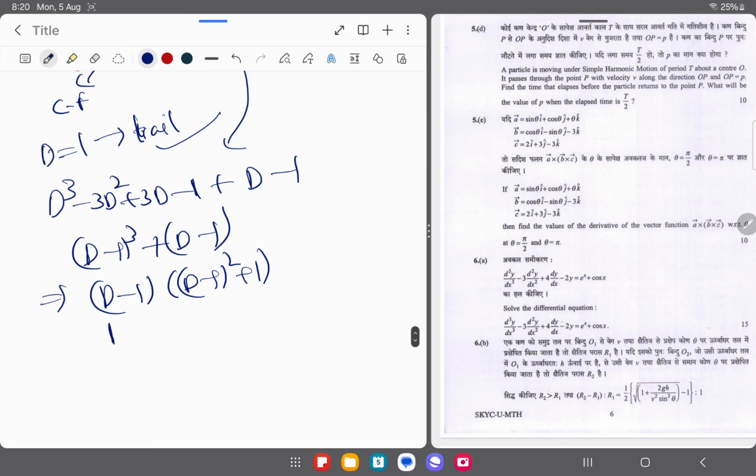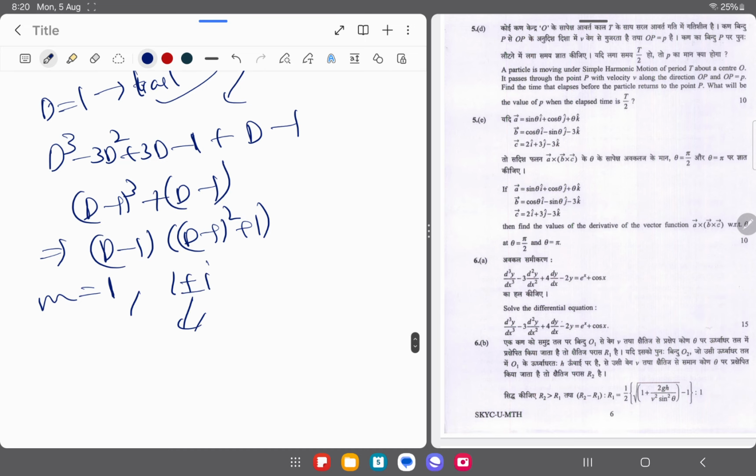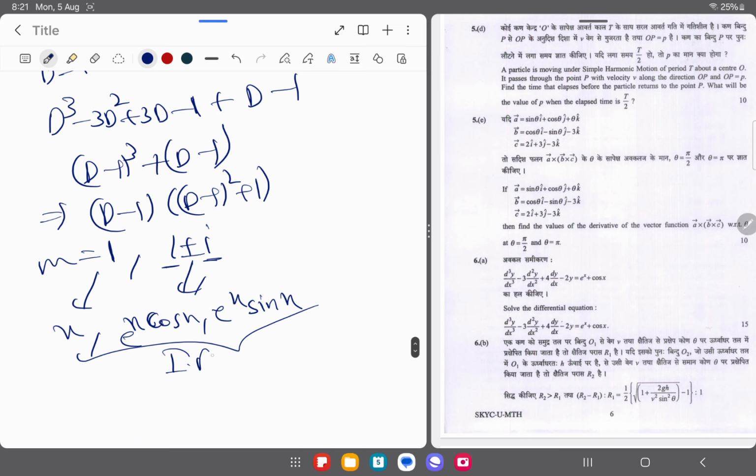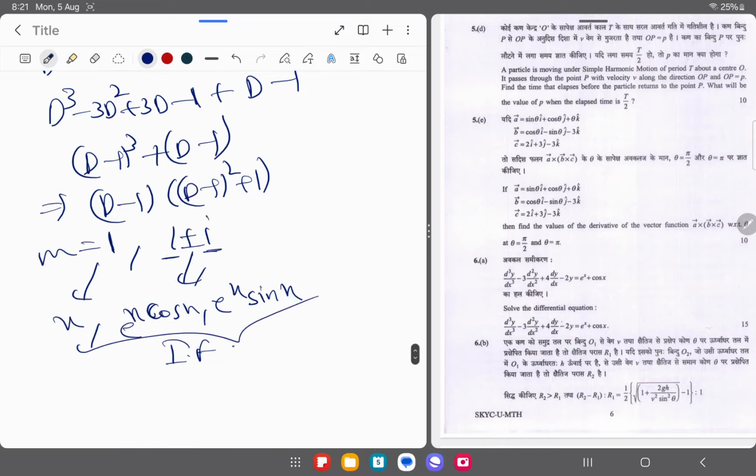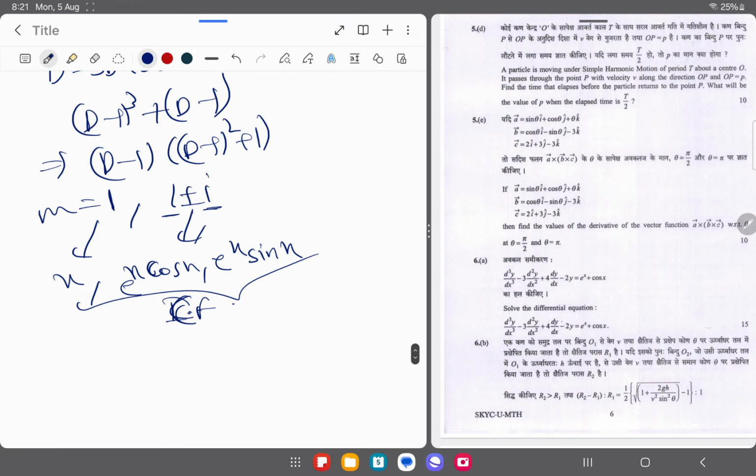So what are the auxiliary equation solutions? m equal to 1 and 1 plus or minus i, right? So the solution is, with x(a plus ib), e power x cos x and e power x sin x. These are the CFs, right? Now CF, complementary function.